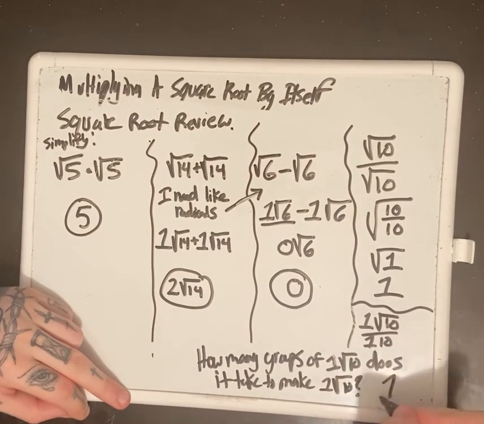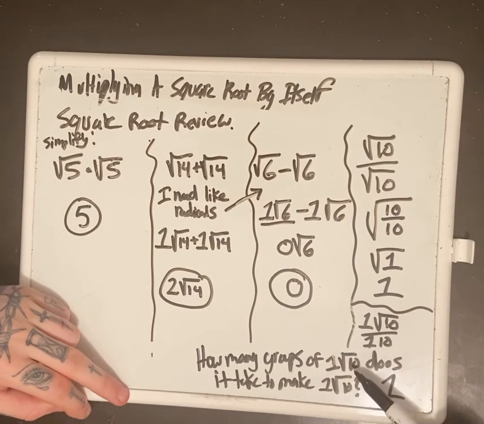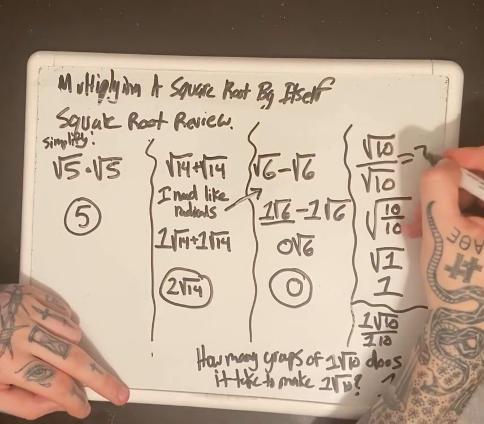The answer is 1, okay? So this question is either asking from the top or bottom. It's both questions since the top and the bottom are the same. But generally when the top and the bottom are the same in a fraction, it's equal to 1, okay?